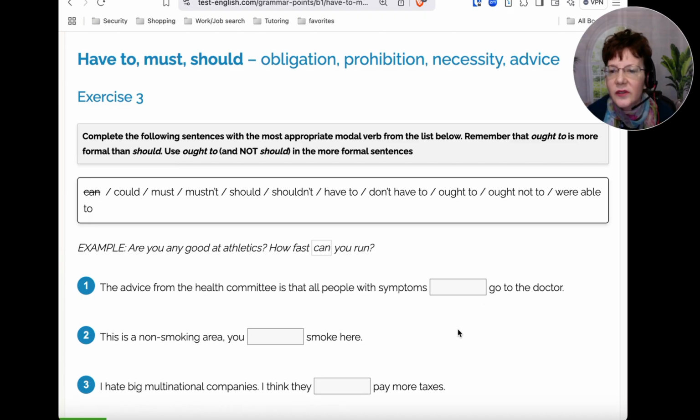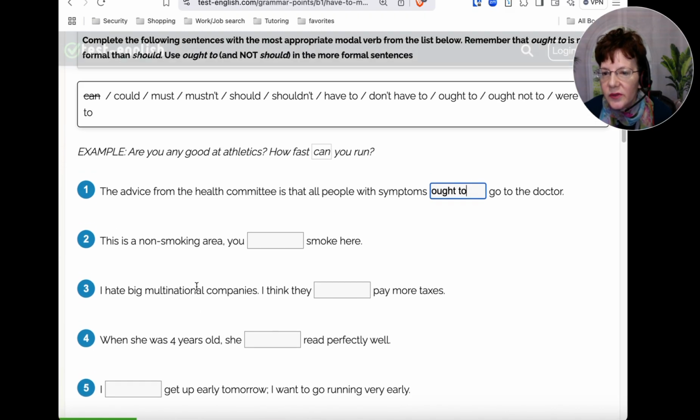Go to the doctor. You can say should or ought to here, but ought to sounds more formal. So you want to put ought to.